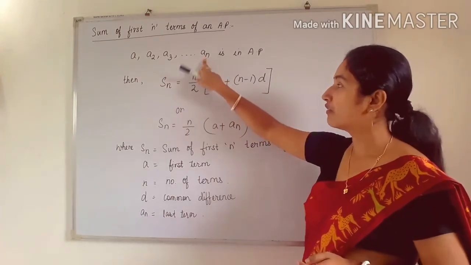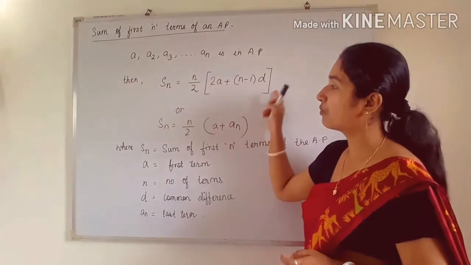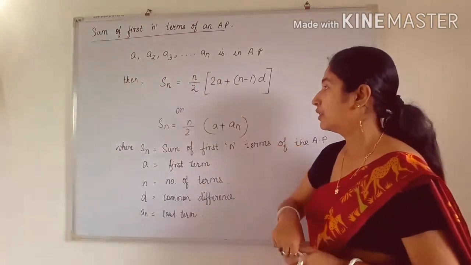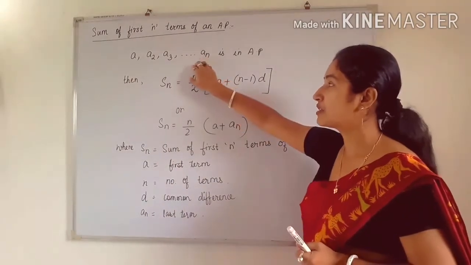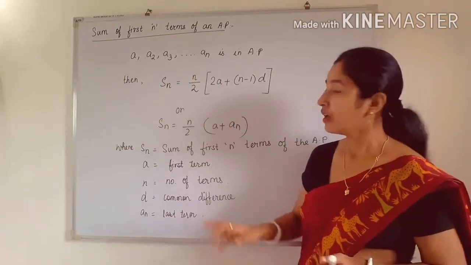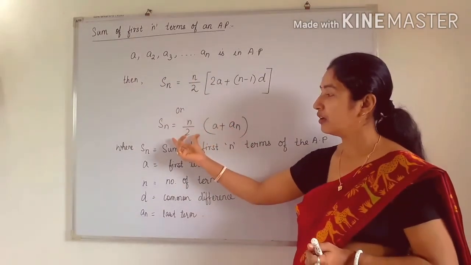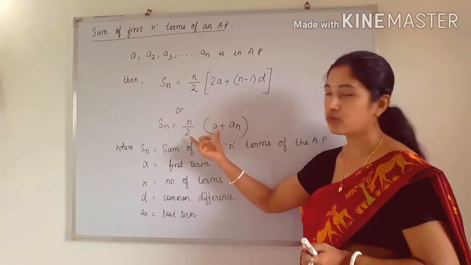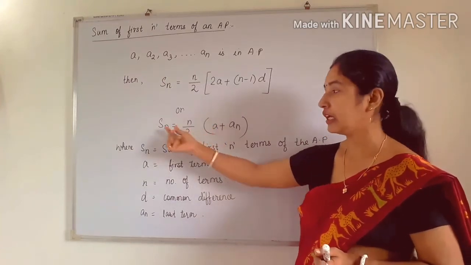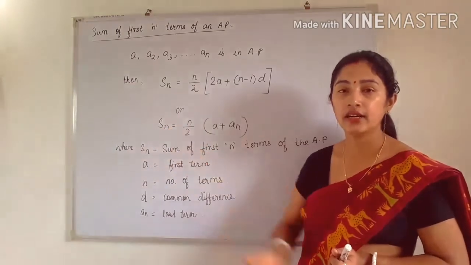If an is not given, then we have to apply this formula for finding the sum. And if an is given, that means the last term is given and the first term is given and the total number of terms is given, then we can apply this formula. This is the smallest one, okay. By that way we can apply this formula and we can find the sum of first n terms.